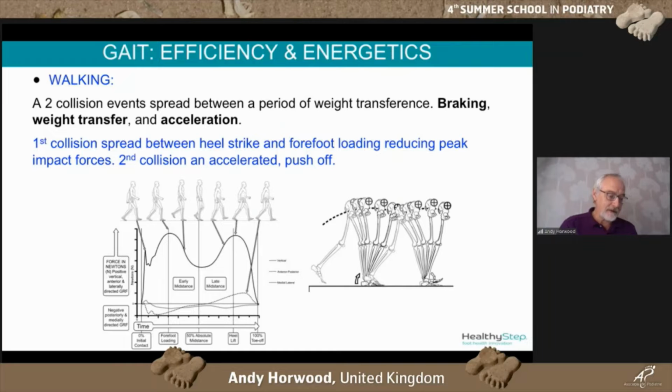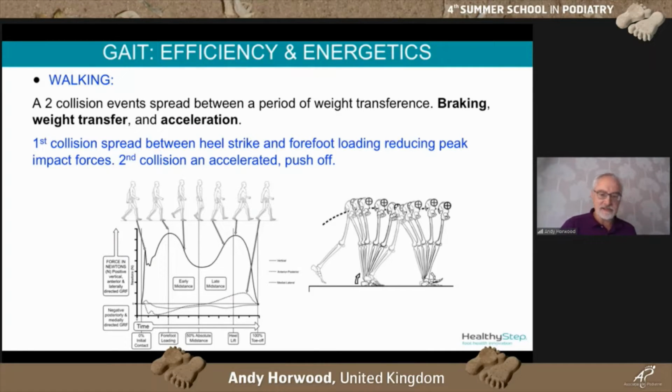That's then followed as the center of mass tips anteriorly to the ankle joint with an acceleration as gravitational forces start to pull the center of mass forward and body weight moves towards the forefoot. So again, we get rising forces, which then peak as we go into acceleration, and we actually push and drive against the ground to help us move our center of mass onto the next step.